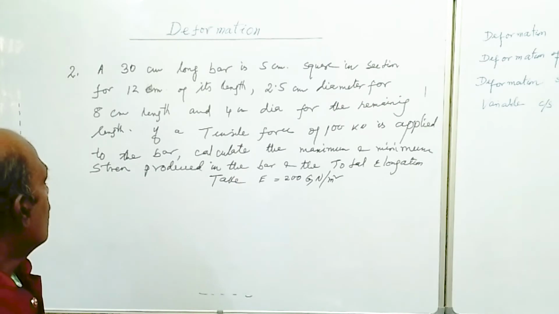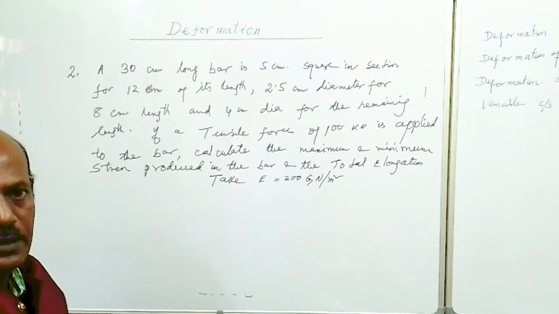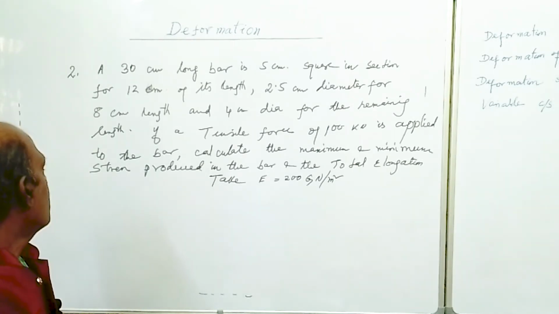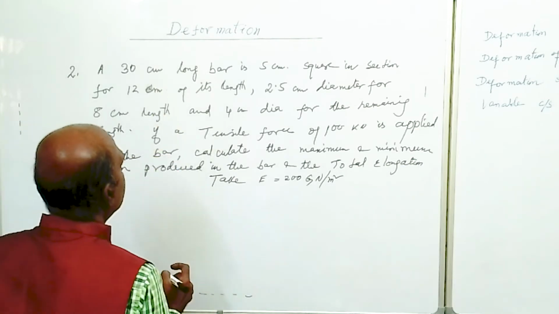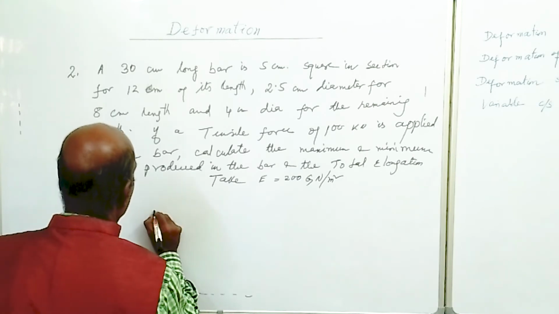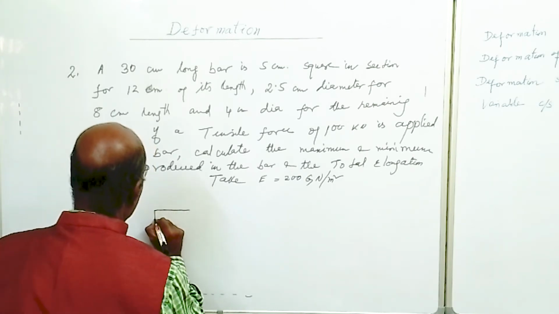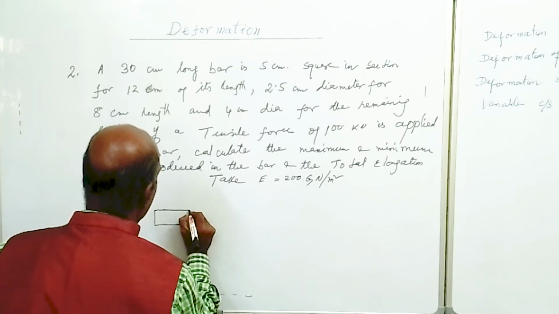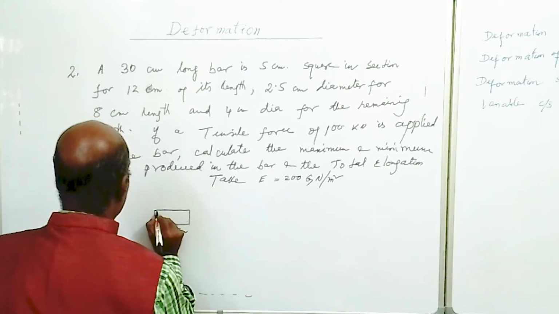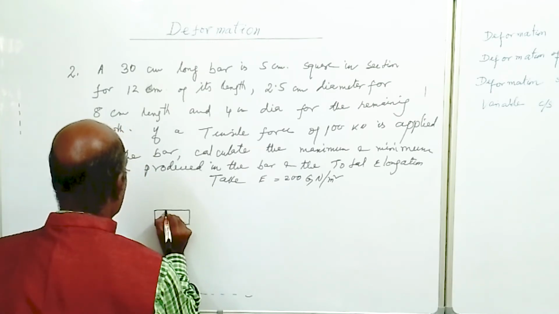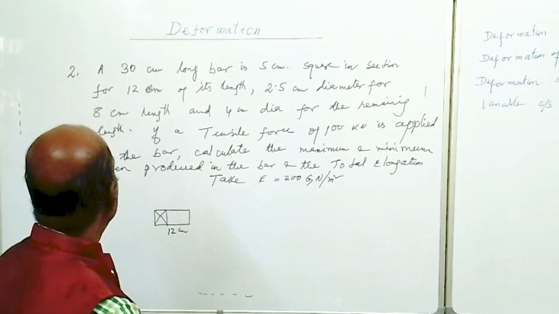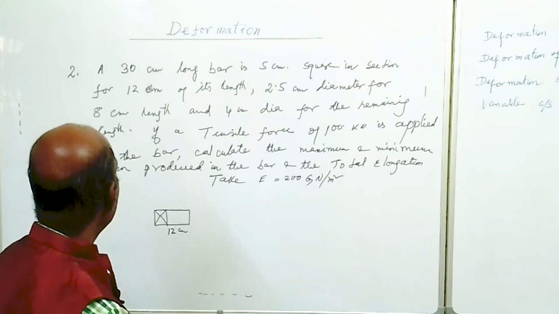A 30 centimeter long bar. From the information given in the problem, it is seen that the bar is a variable cross section bar. So first we will try to draw the figure. It is 5 centimeter square in section for 12 centimeter length, and this cross section is a square cross section for 12 centimeter length.